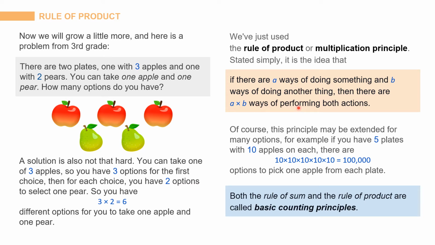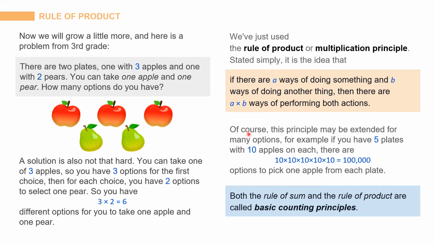Again, we have to be careful that in doing the first action, we don't impact the second action. So if A and B are uncorrelated, then we have A times B ways of performing both actions. We'll talk later on about what happens if there are interdependencies between the 2 actions. So as with the sum principle, this product principle may be extended to many options.